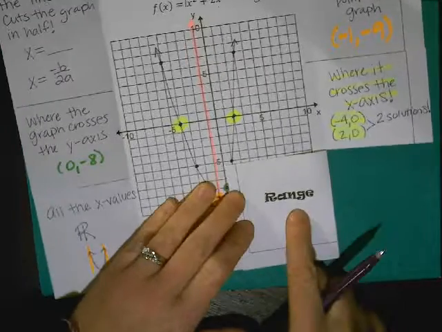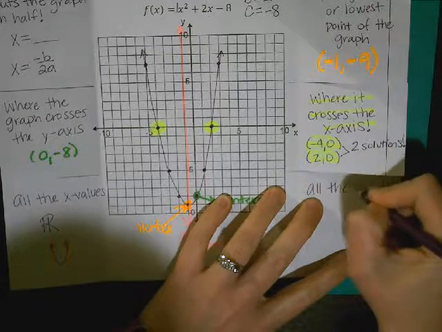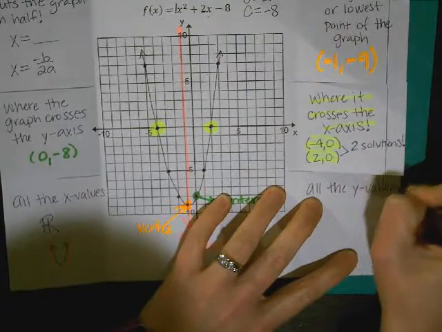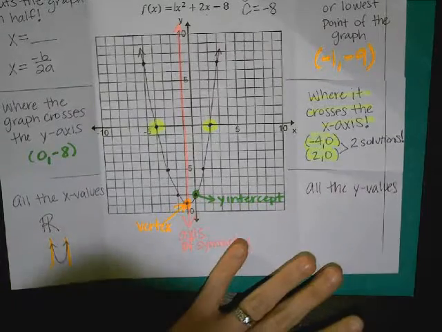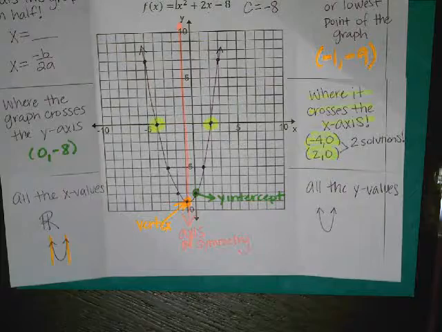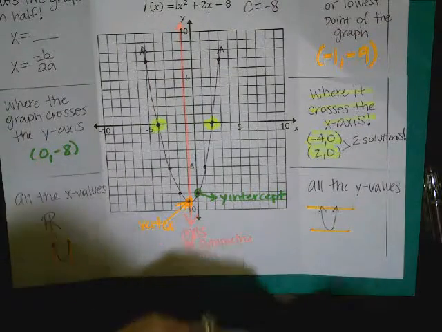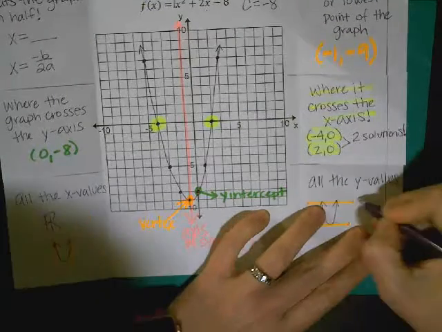Now remember, for range, my range is going to be a list of all the y values. So in this case, I have a graph that goes like this. So I have a line on the bottom and a line on the top. The top is touching arrows.